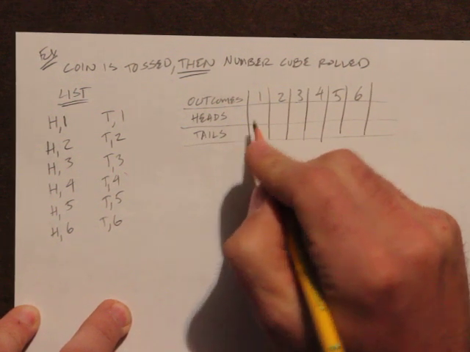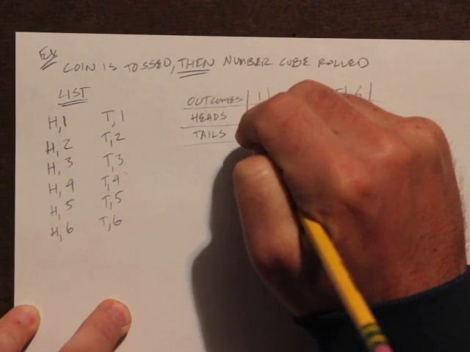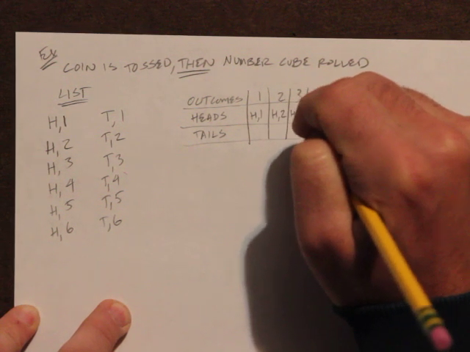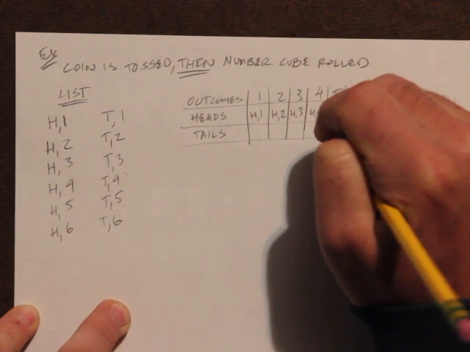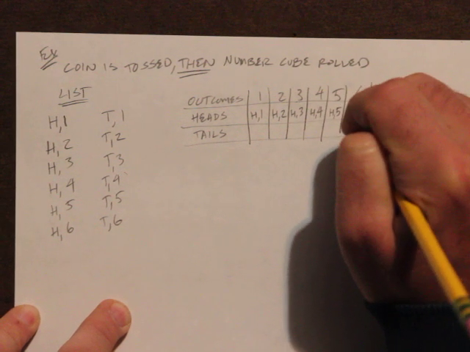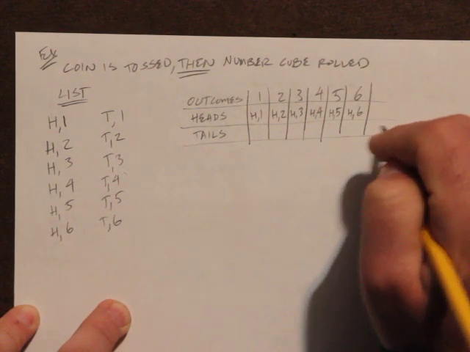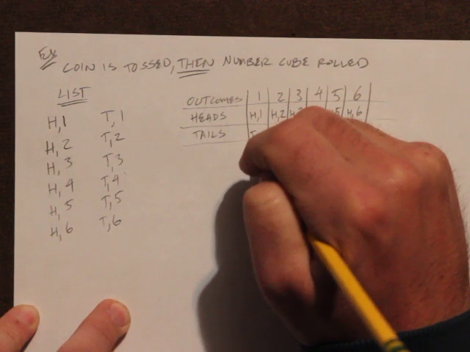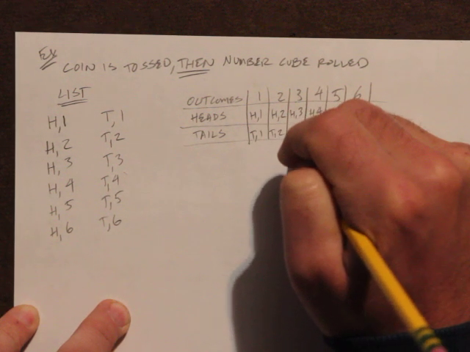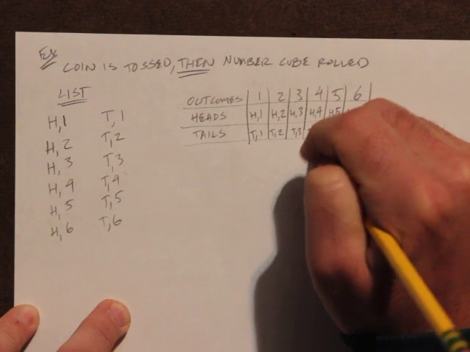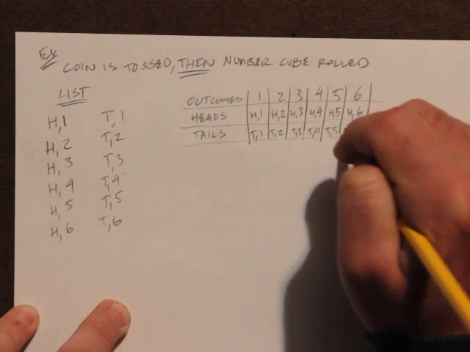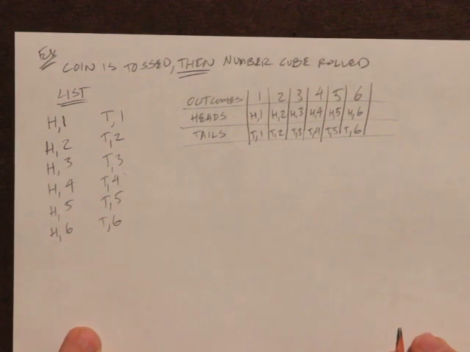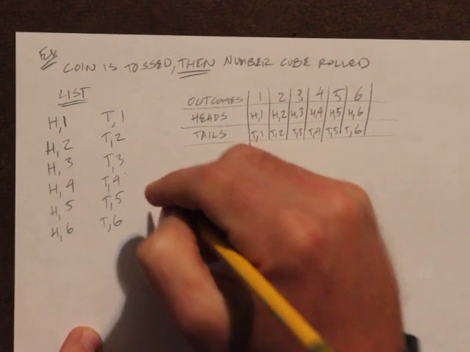So I get heads 1, heads 2, heads 3, heads 4, heads 5, heads 6. And then I look down here, if I were to toss and get tails, tails 1, tails 2, tails 3, tails 4, tails 5, and tails 6. So that's my table.